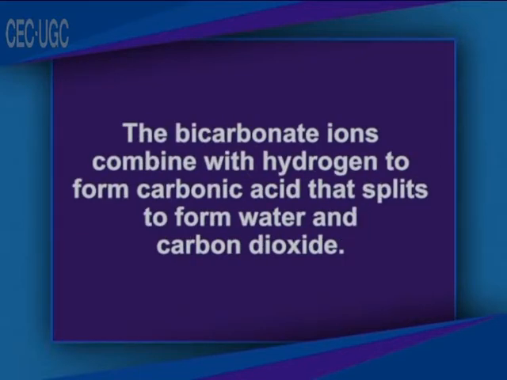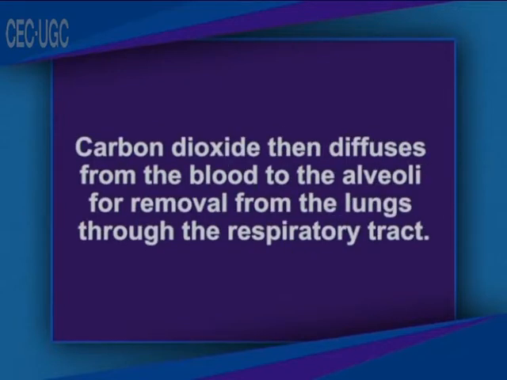The bicarbonate ions combine with hydrogen to form carbonic acid that splits to form water and carbon dioxide. Carbon dioxide then diffuses from the blood to the alveoli for removal from the lungs through the respiratory tract.